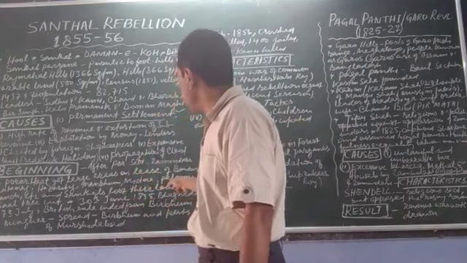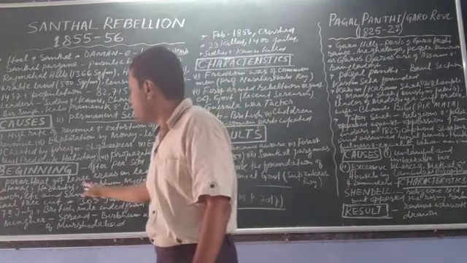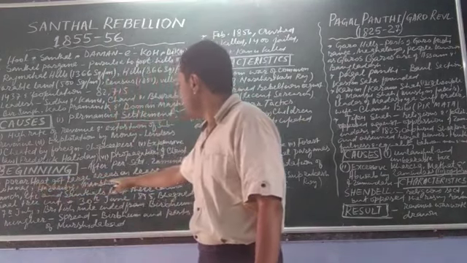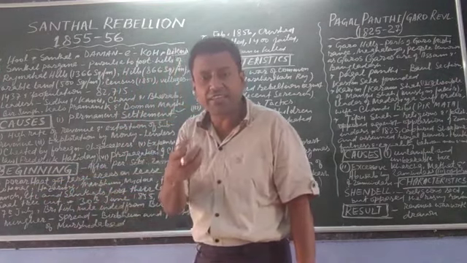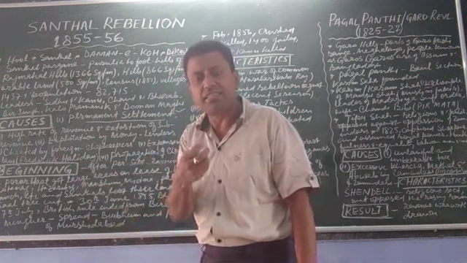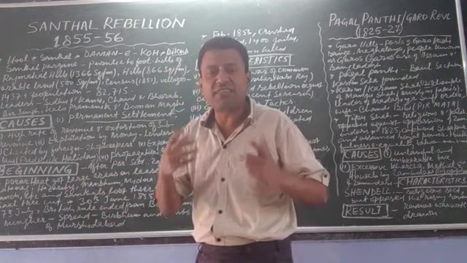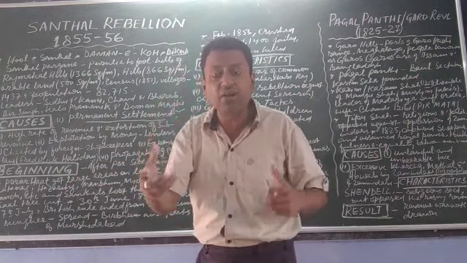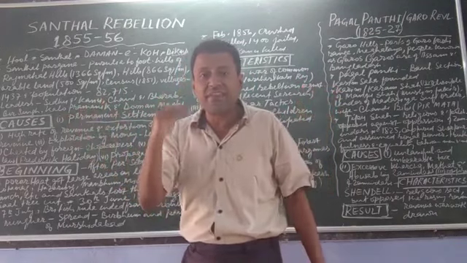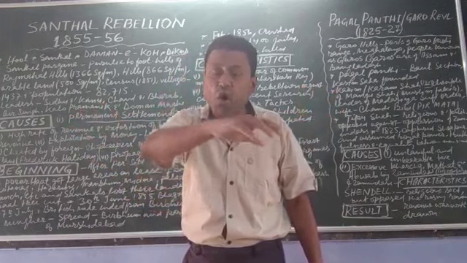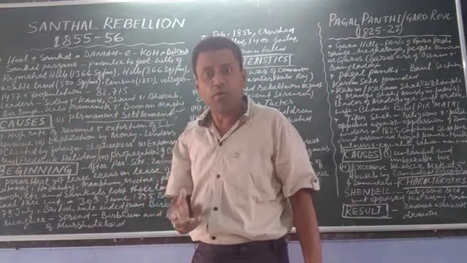I've written the names. Yes, Palamu, Chota Nagpur area. When they had bought the land on lease, the rights of the Santhalis over their land were finished. Now they were entitled to pay the revenue on their own lands.